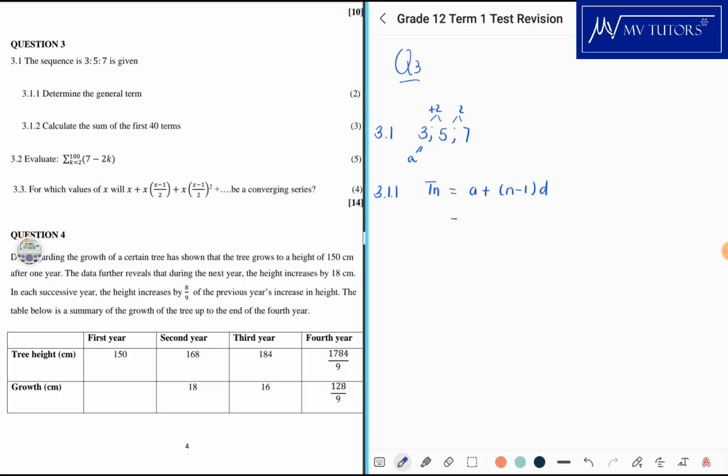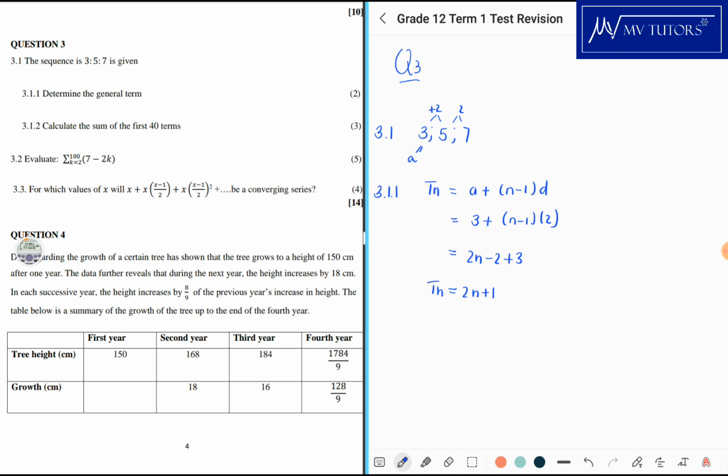All right, so let's just substitute what we know, and this is for 2 marks because this is pretty much straightforward. All right, and D is 2. So we're going to have 2n minus 2 plus 3, which then becomes 2n plus 1, right?